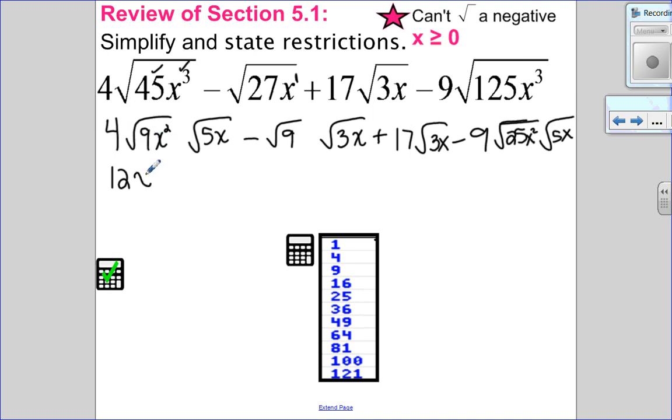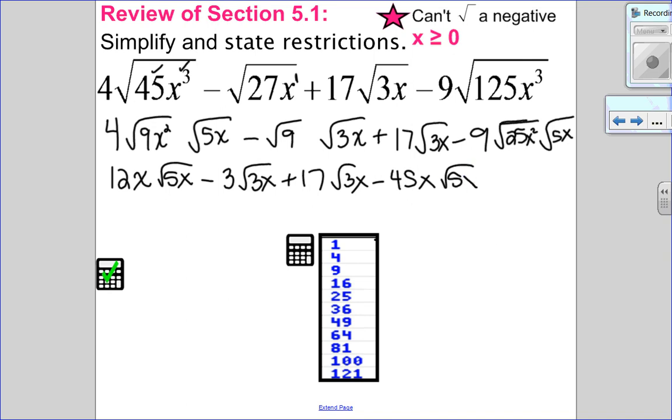Square root of x squared is just x. And then multiply that by 5x, rooted. Minus square root of 9 is 3, and that will be 3 root 3x, plus 17 root 3x. And then the square root of 25 is 5, times 9 is 45. The square root of x squared is x, and then root 5x.